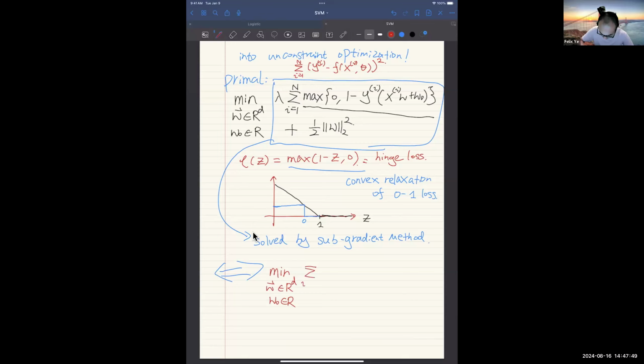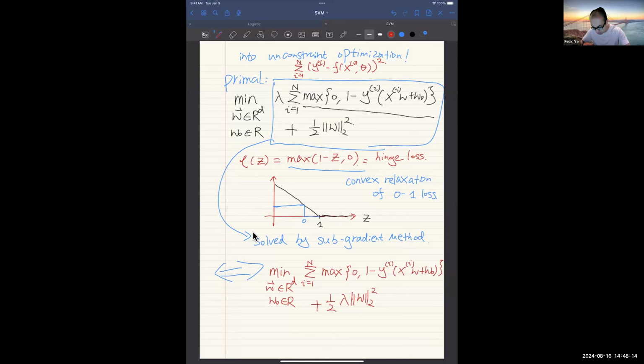It can be written as the sum from 1 to n of the maximum of 0 and this whole term, plus 1/2 lambda times the squared 2-norm.